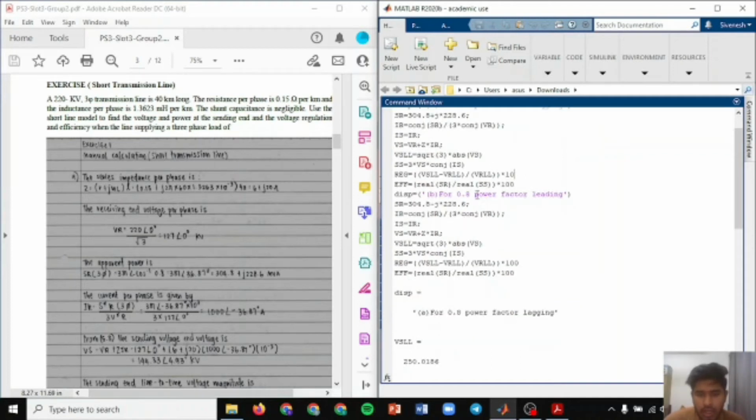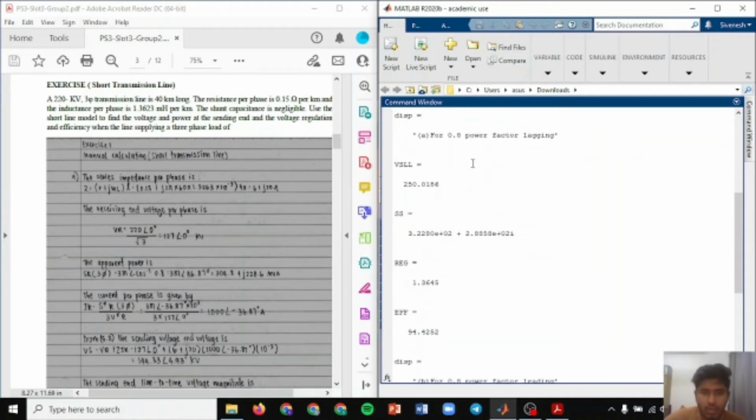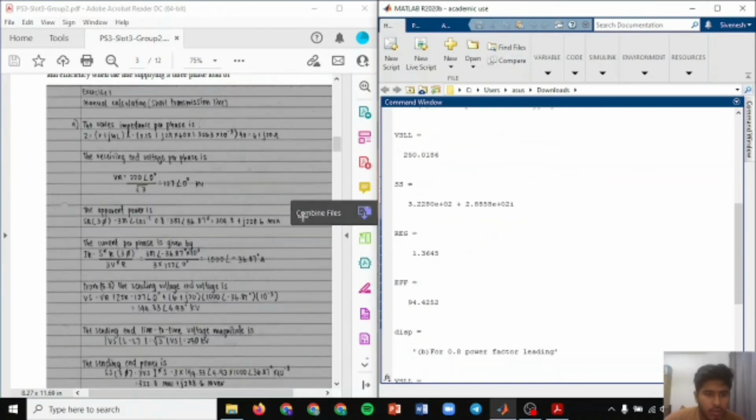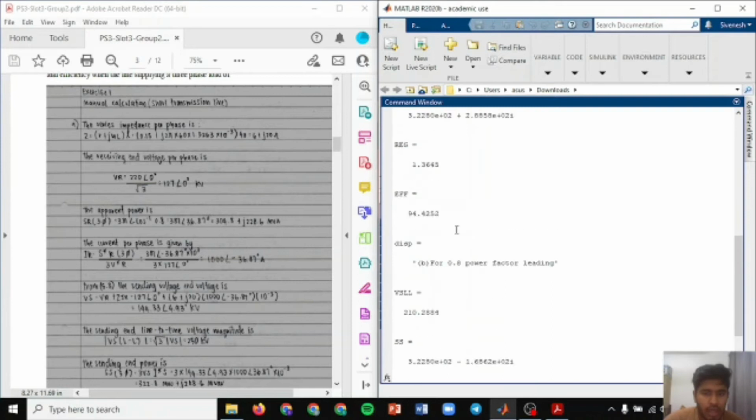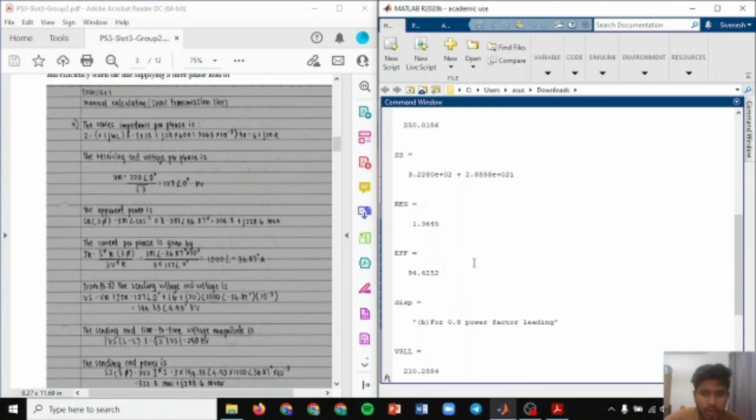After running the code for the first part, for 0.8 power factor lagging, we found the values of VSLL, SS, regulation and EFF.